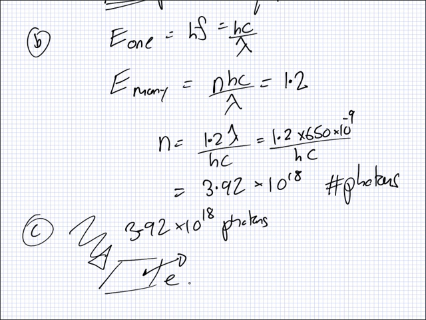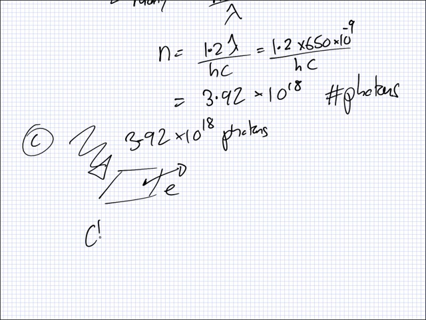We think it should be the same. However, I was trying to trick you here because we don't know for certain that when the photon hits, an electron will be freed, because maybe the photon doesn't have enough energy. So we first have to check, is hf bigger than or equal to the work function?